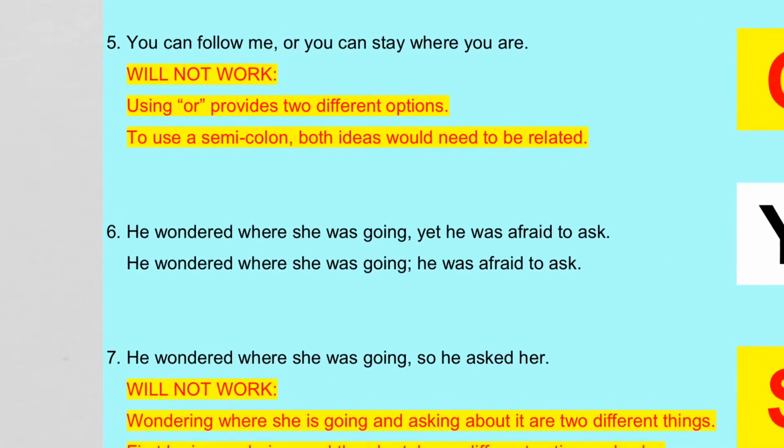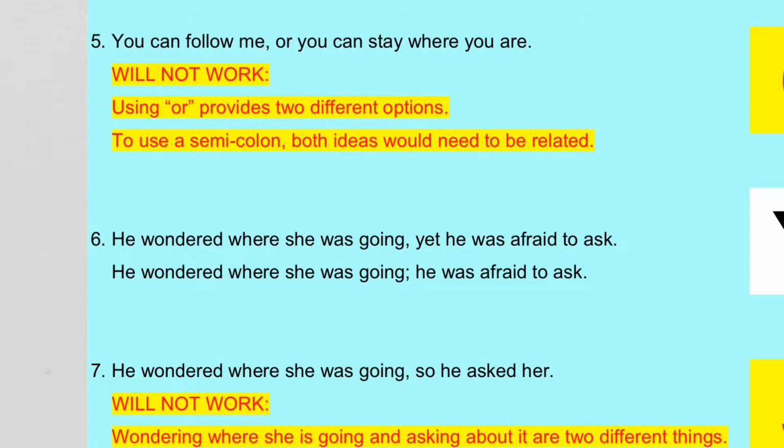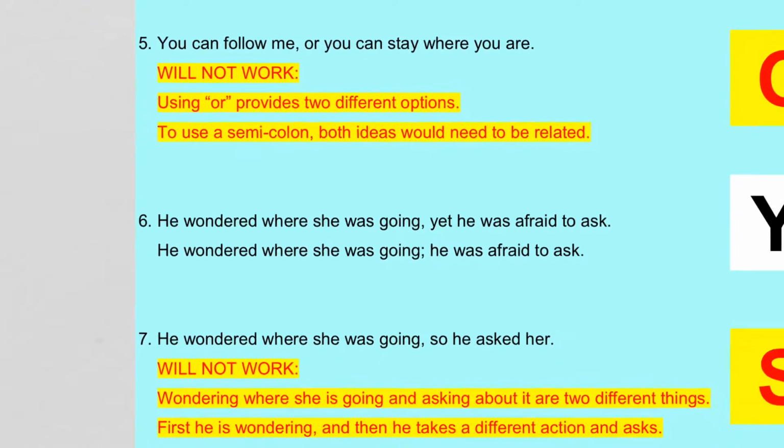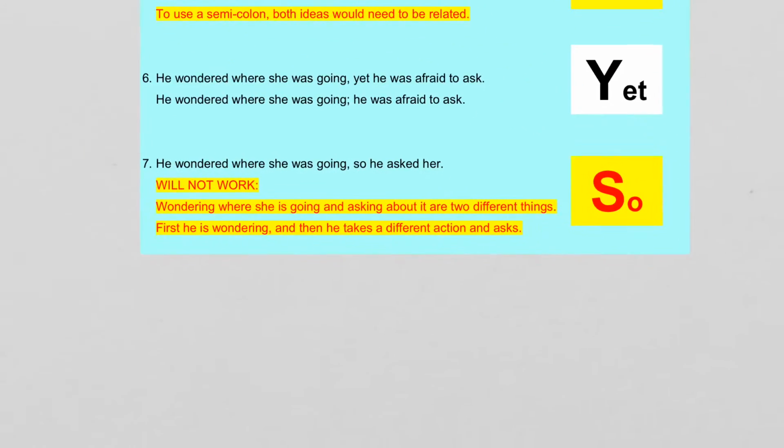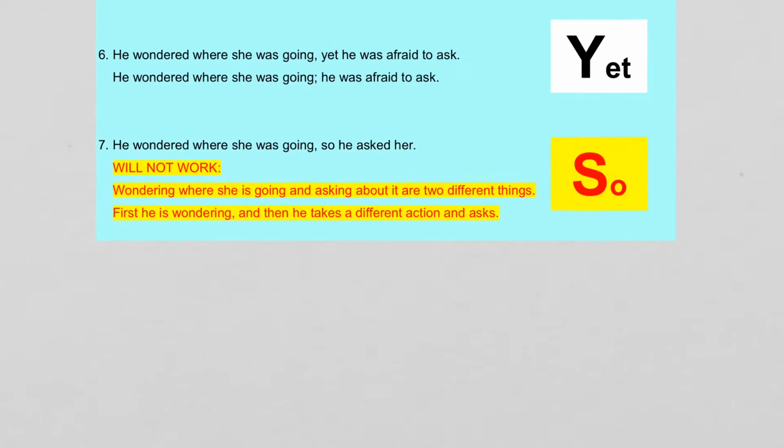You can follow me, or you can stay where you are. So either the person goes one way or another way. It's not that the person is doing something and then at the same time they could do something else. It's either one or the other. So that's why the semicolon would not work. We would say that the ideas are not related.